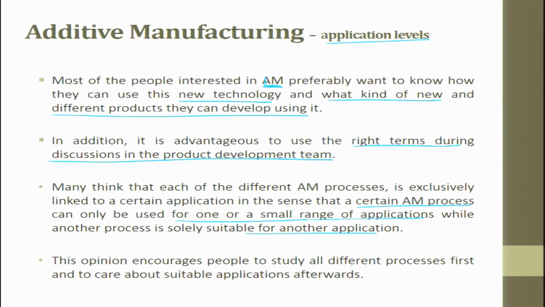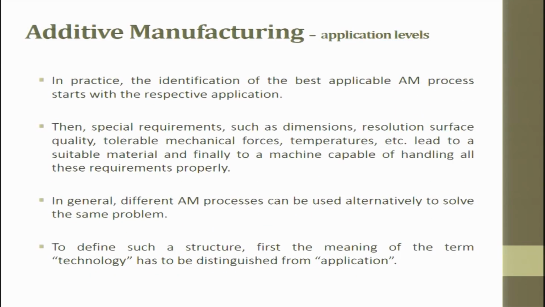This opinion encourages people to study all the different processes first and to care about a suitable application afterwards. In practice, identification of the best applicable AM process starts with the respective application. So, that is what it goes. For example, if you wanted to have a spoon made, you should first understand what mechanical forces are acting on it.